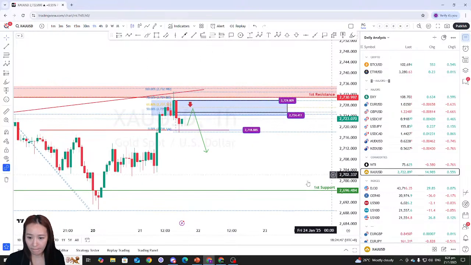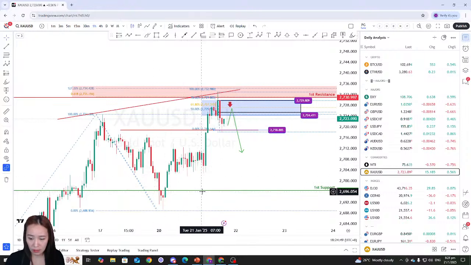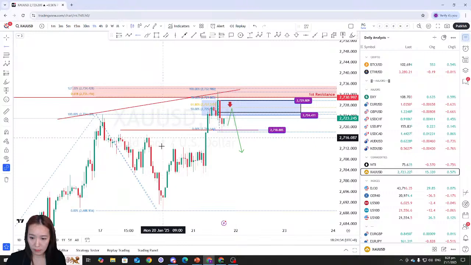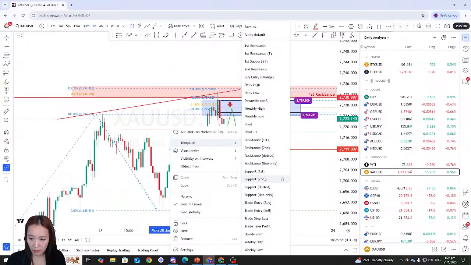Okay. This is the H1 setup. I will put here for my second support.